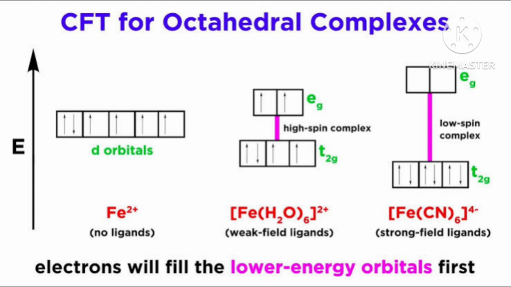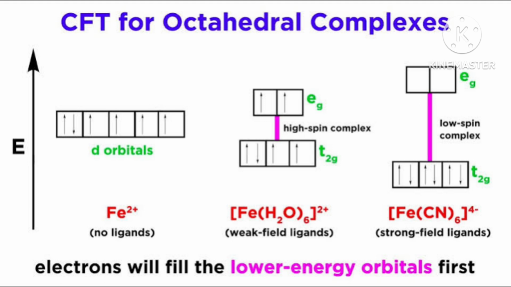They were having lower energy, but in the presence of ligands their energy level increased. You can write these 5 orbitals a little up, which means the energy has increased.